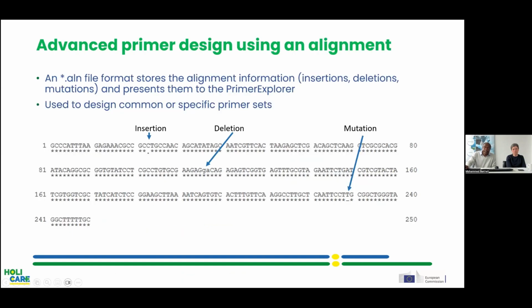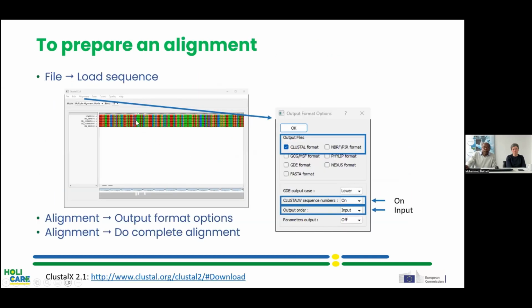So you make sure that the major sequence here is from the organism that you are going to design the specific primer set for. If you are going to use the sequence alignment for common primer design, then you don't need that. Now you've prepared your sequences and chosen these options, you press Do Complete Alignment.